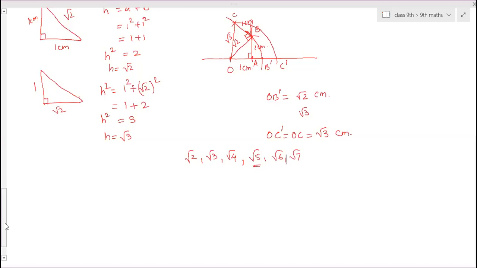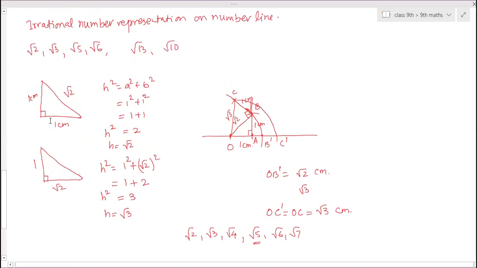Ma'am, from point O to A, you have taken 1 centimeter. Yes. So over there, you have to take 1 centimeter only, because when it is 1 centimeter, you can see the right triangle: 1 centimeter base, 1 centimeter height. Then only the hypotenuse will be root 2.